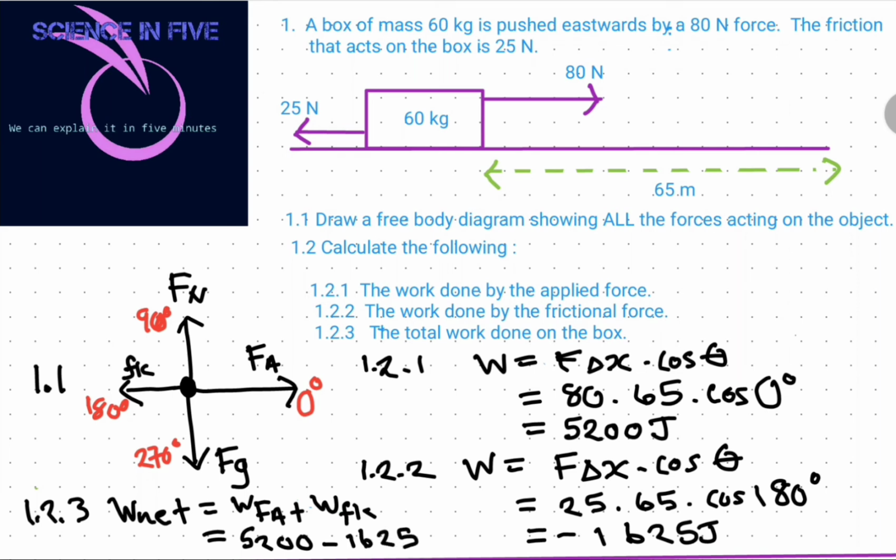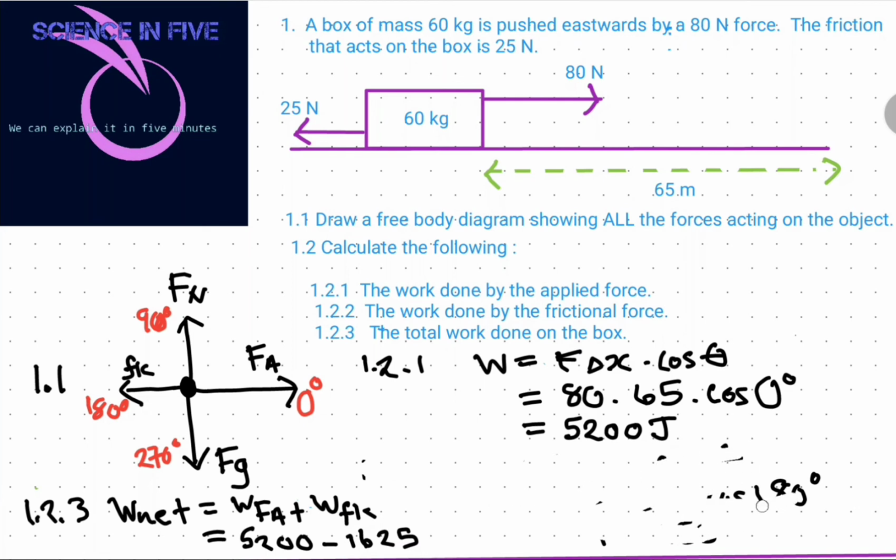Okay, I'm running a little out of space. So the net work done is now 5,200 minus 1,625, which gives me 3,575 joules of work.